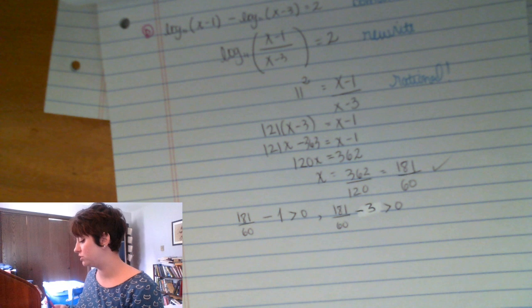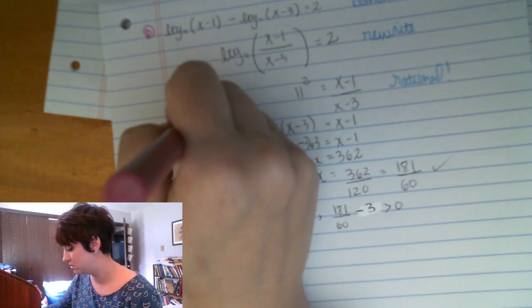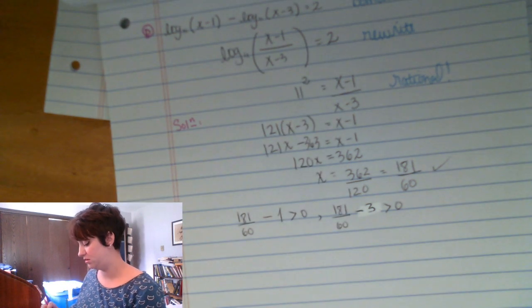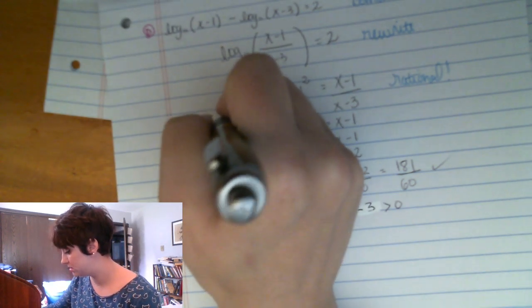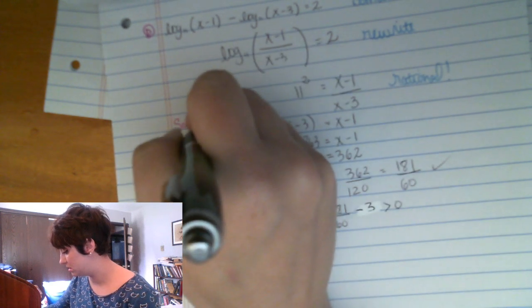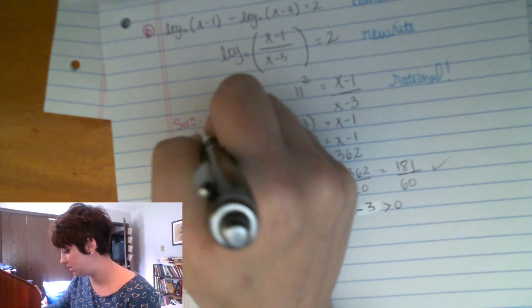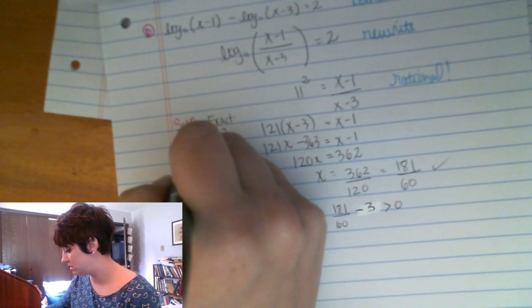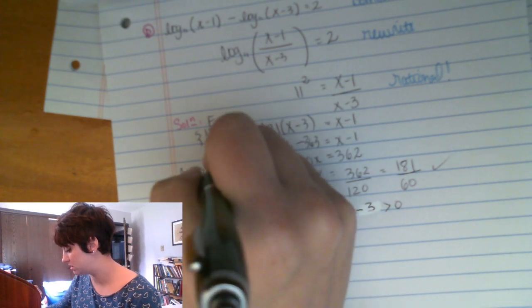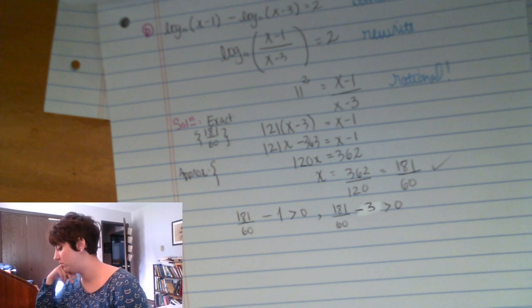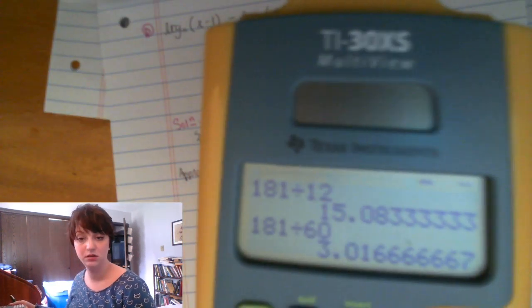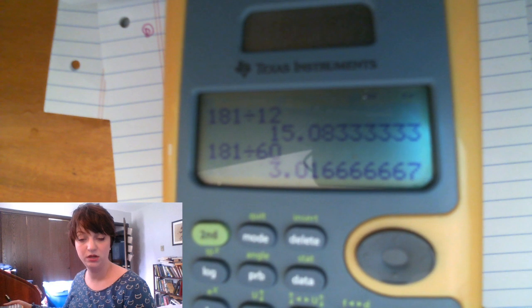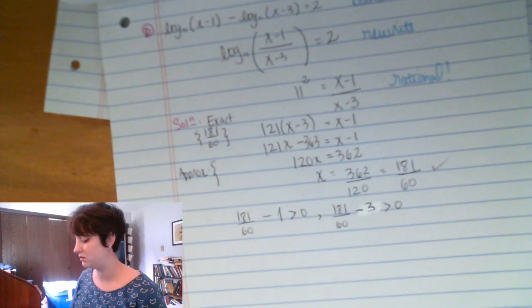All right, so your overall solution would be, so the exact is the 181 over 60. The approximate, so they say in Hawks, they want, I think they said 4 decimal places. So 181 divided by 60 in my calculator, 3.01666666, repeating forever.